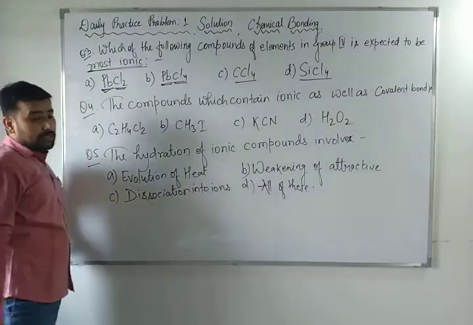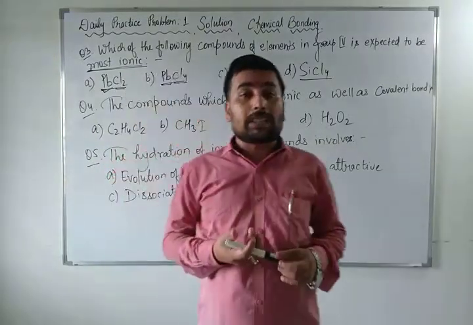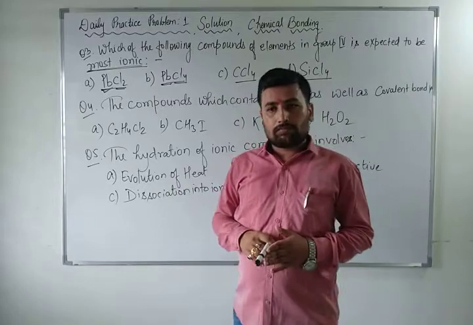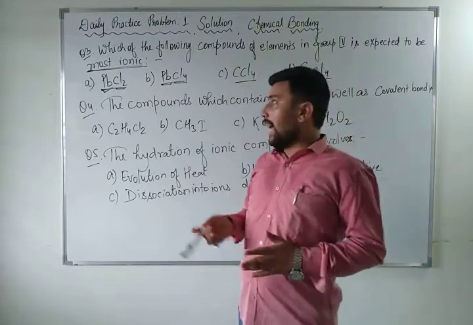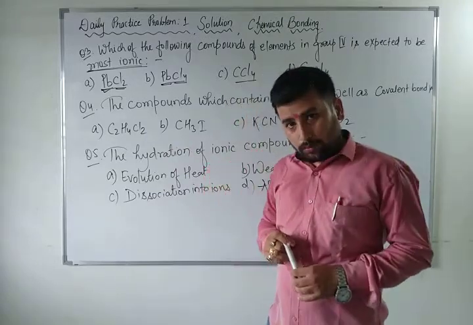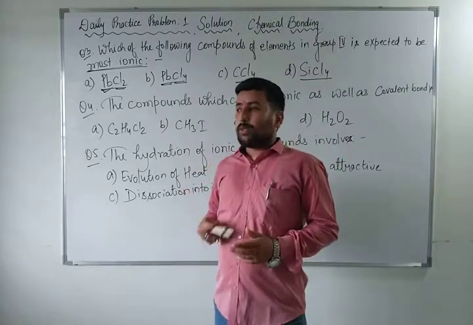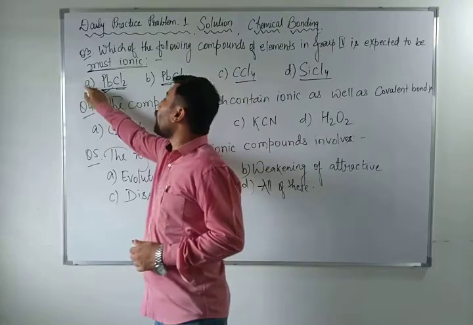If anybody asks you which is more stable, Pb plus 2 or Pb plus 4, and which is the most ionic, PbCl2 or PbCl4, the right answer is lead dichloride, PbCl2.